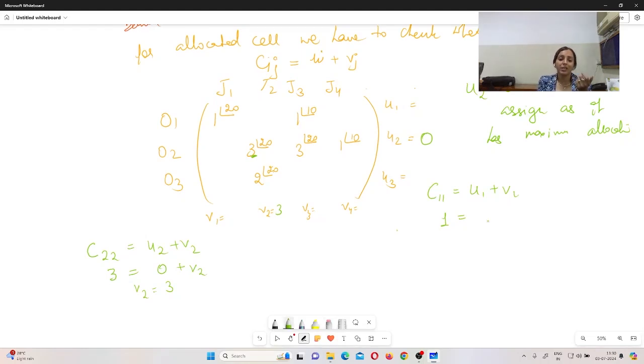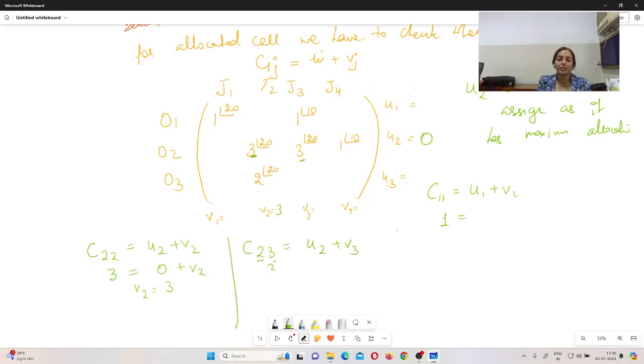Now we are coming up to the next point, that is again we have to find out C23. Yes, we have to find out all the values U1, U2, U3, V1, V2, V3. So what will C23 be? U2 plus V3. And 2,3 will be this value 3.